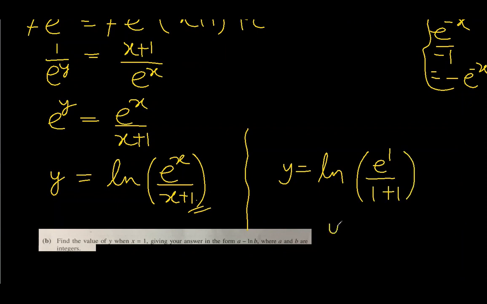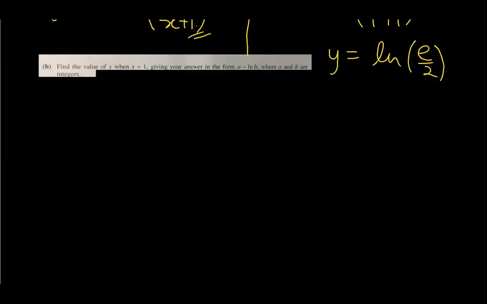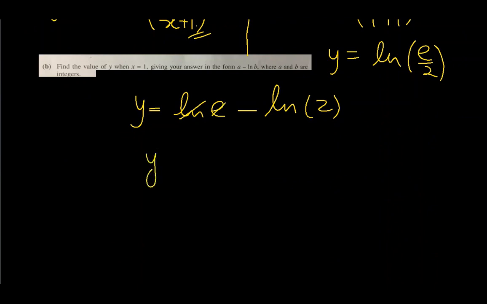So let's see, y equal to ln e over 2. To change it to that format, we need to separate e and 2. So y equal to ln e minus ln 2, because they are dividing. When they separate, they subtract. So ln and e cancel out. That's 1 minus ln 2. So A is 1 in this format, B is 2.